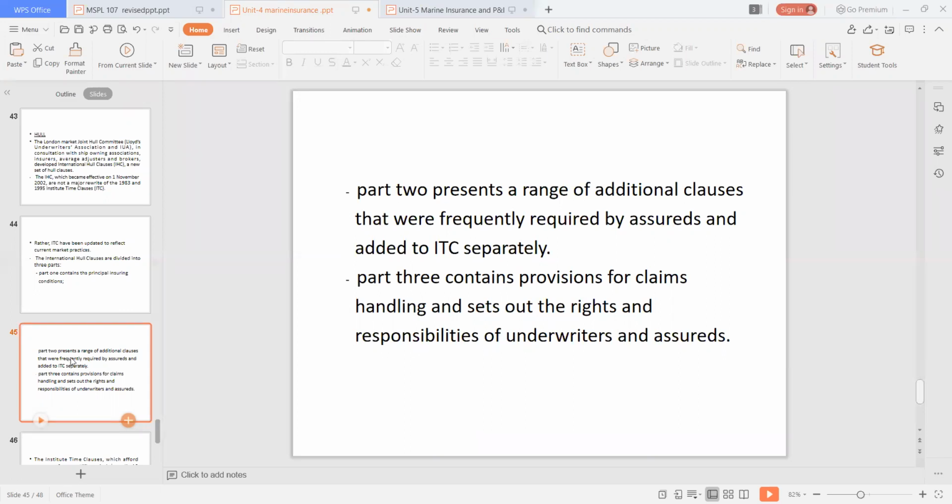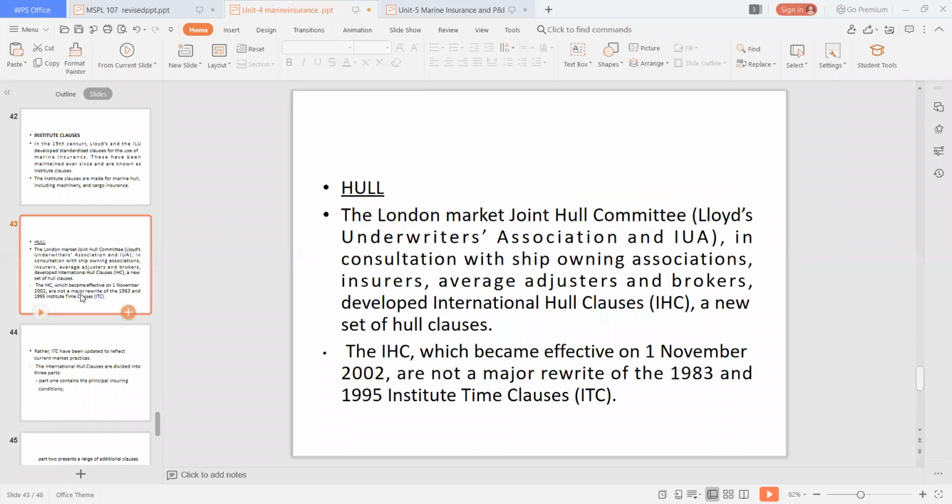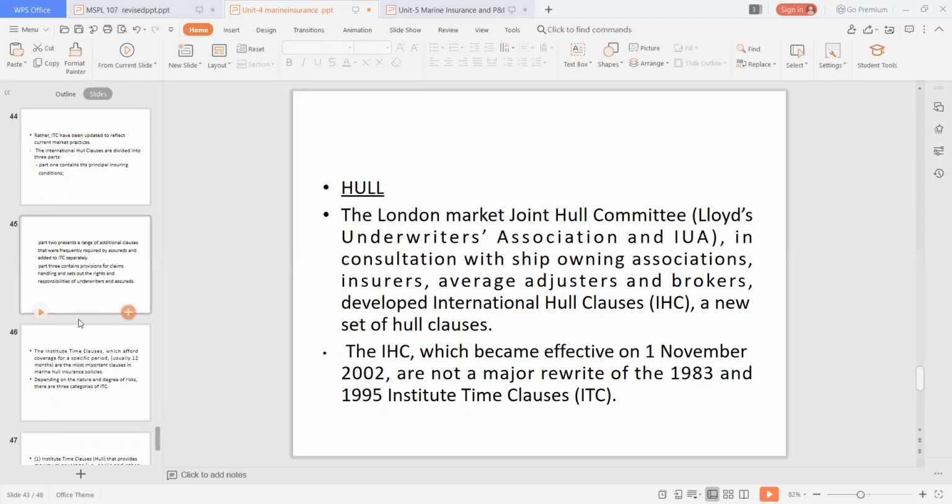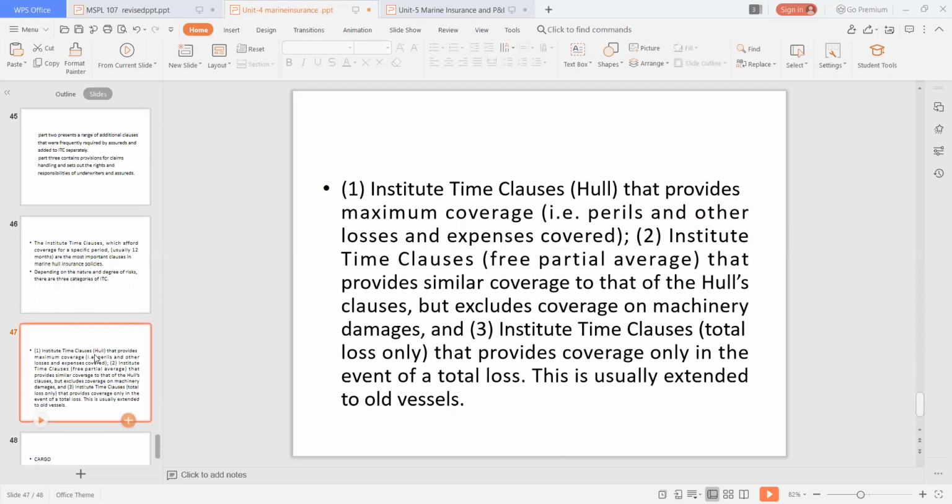So these are the things that happen to the hull and everything. So how it happens, because hull is the basic thing in marine insurance and policies also. See, the institute time clauses, hull provide maximum coverage, perils and other losses, costs and expenses covered.